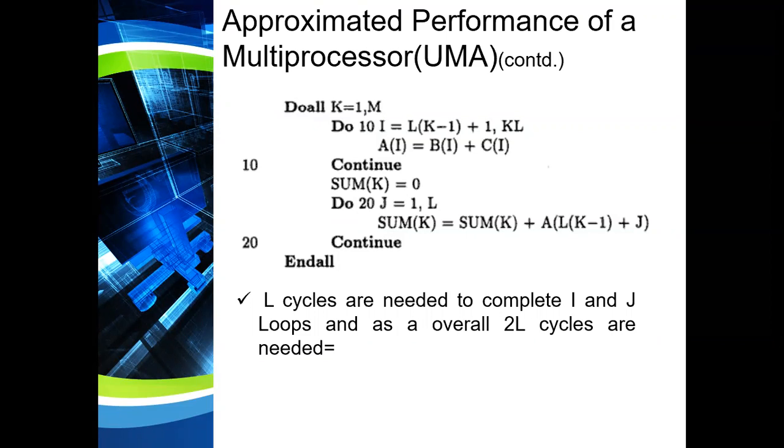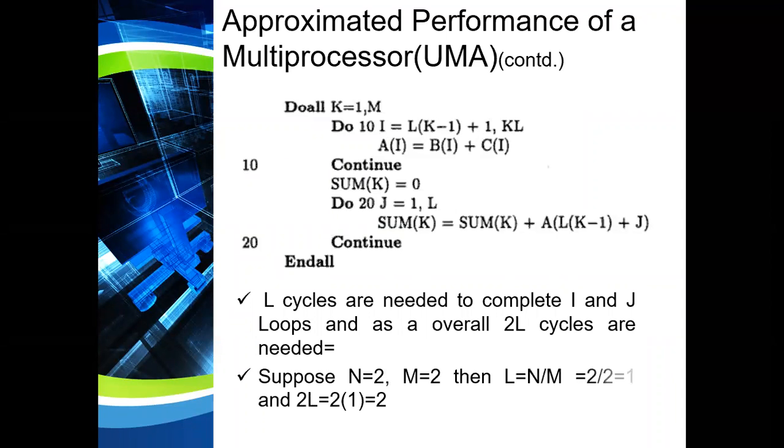There we identified that 2 cycles are needed, 2 into L. In short, we concluded the concept with a summarization: the execution of the parallel version produces the result 50% faster than the sequential version.